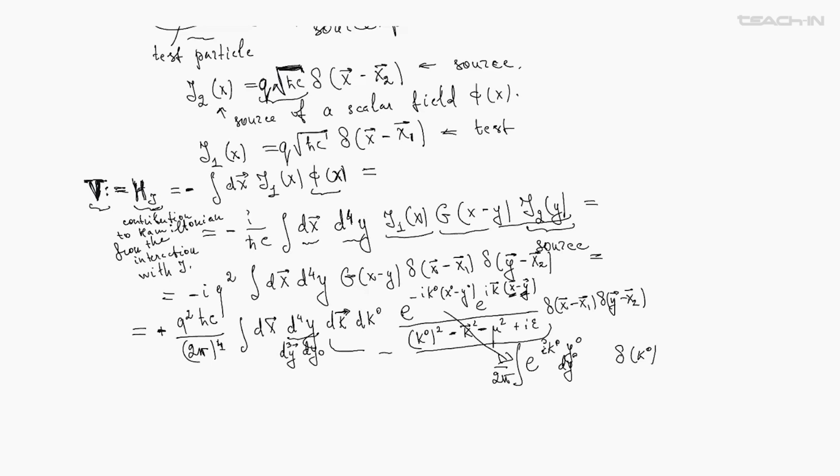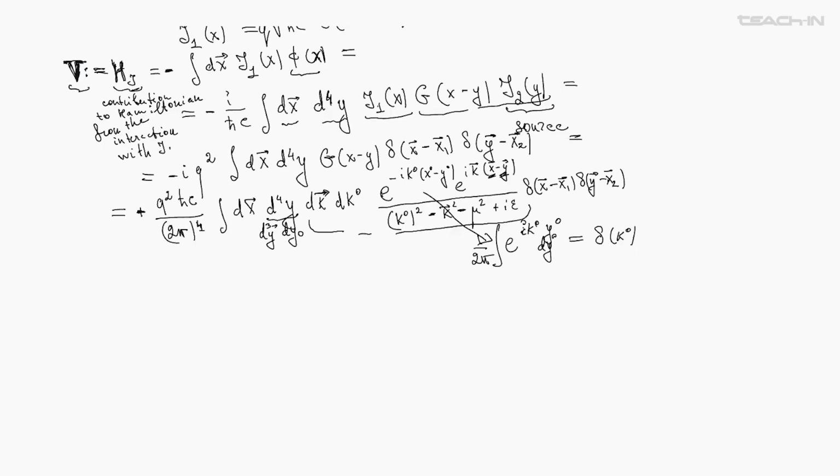So this means that we are now arriving at the following expression. q squared h bar c over 2 pi cubed, because 1 over 2 pi will go for the integral here to produce the delta on k0. Then we will be left with a three-dimensional integral over k, and the integrals over x and y are simple.